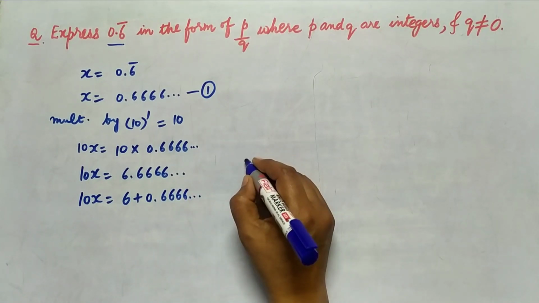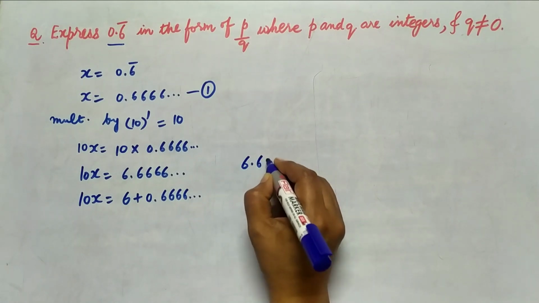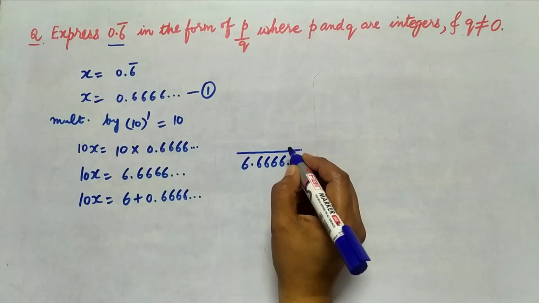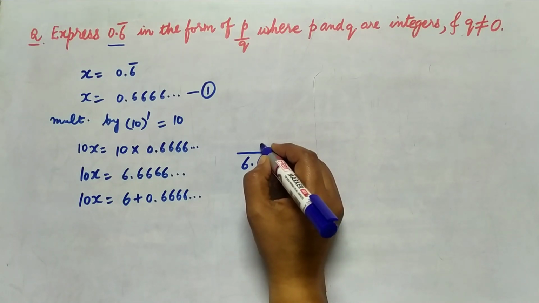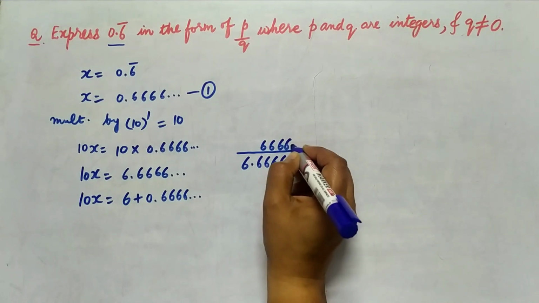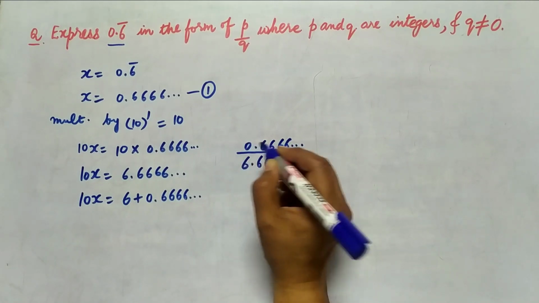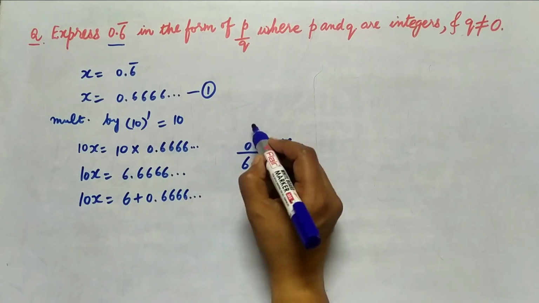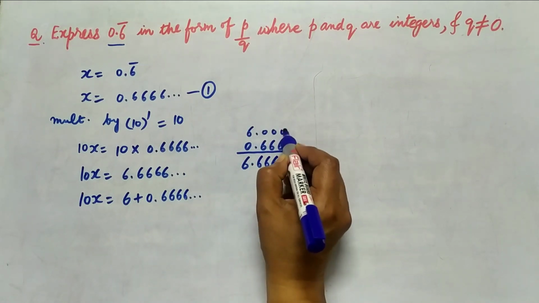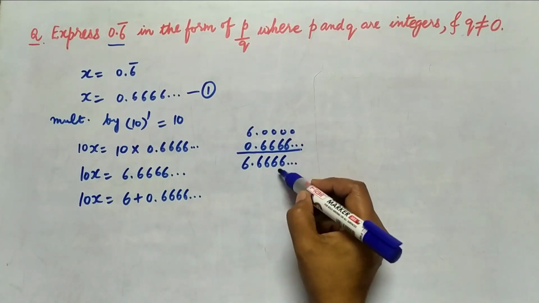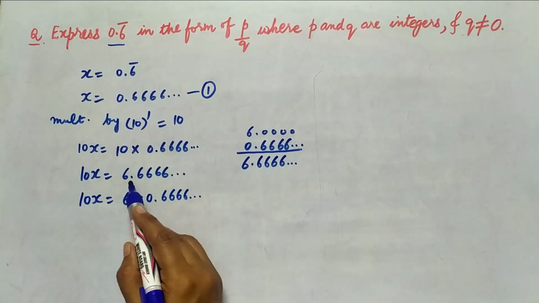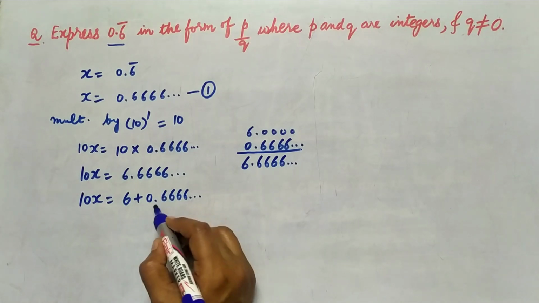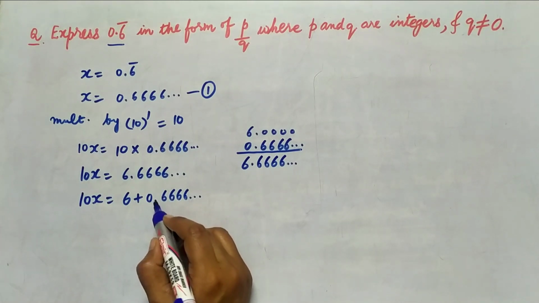How? Our number was 6 point 6666 and so on. We have broken it as 0.6666 and the complete number 6. Their sum is 6.6666.